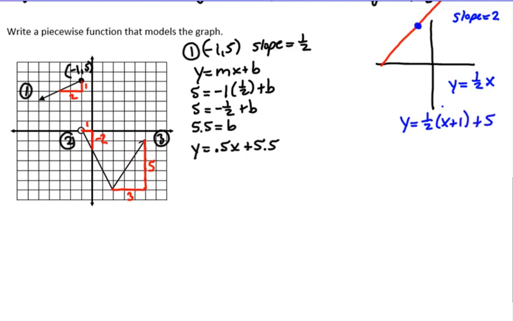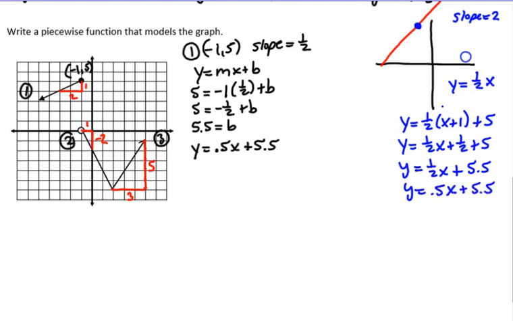I've shifted it to the left 1, that's what this part does, and then up 5. So y is equal to 1/2 x plus 1/2 plus 5. So y is equal to 1/2 x plus 5.5, or 0.5x plus 5.5, exactly what I just got.